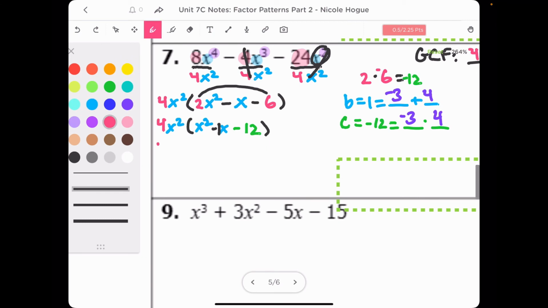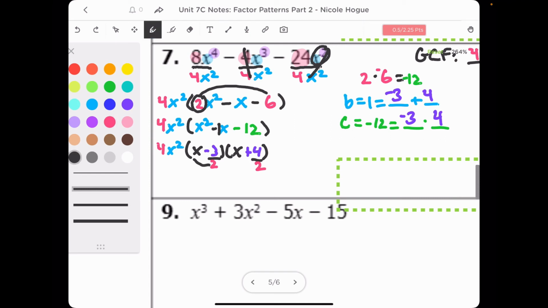So we have 4x squared times x minus 3 times x plus 4. Now what we want to do with that is take our original a and put that underneath our factors, and then simplify our fractions.